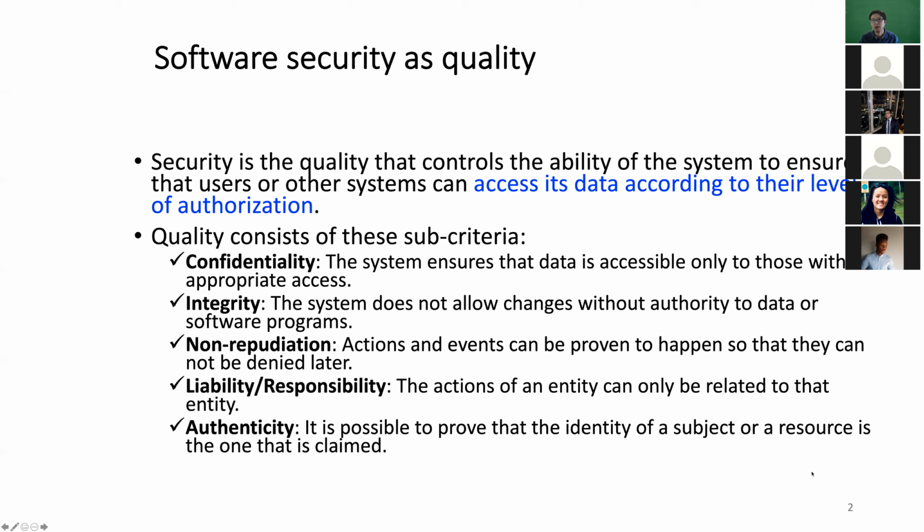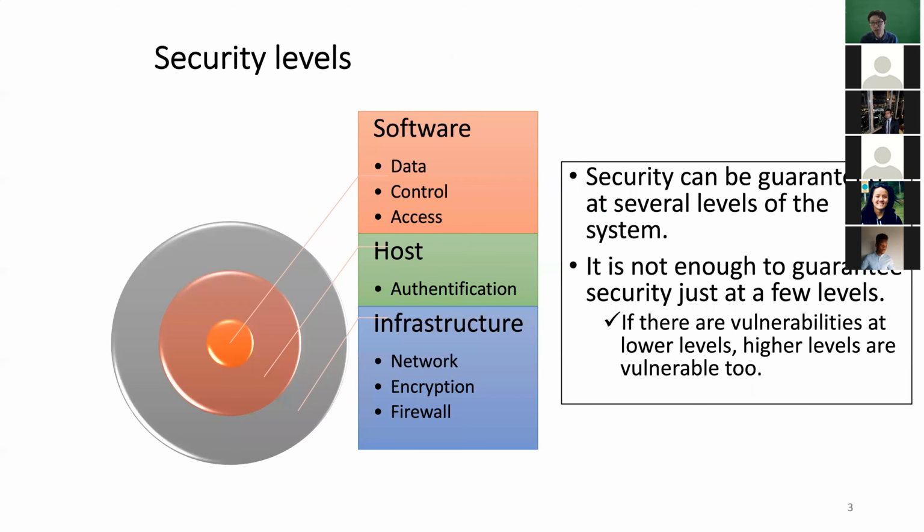Software security has different levels. The first level is the software itself. For example, the data of the software, like OpenMRS, the information of the users. So it's about software data and control and access: who can control which part, who can access which part.